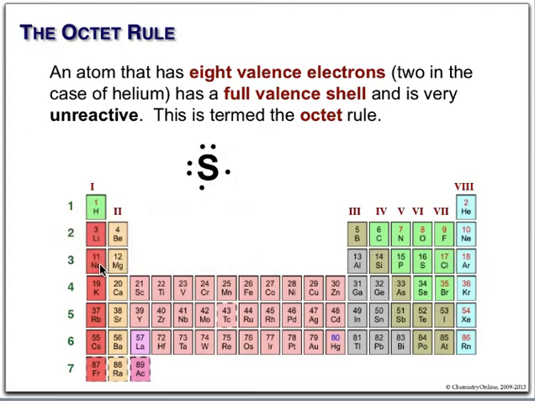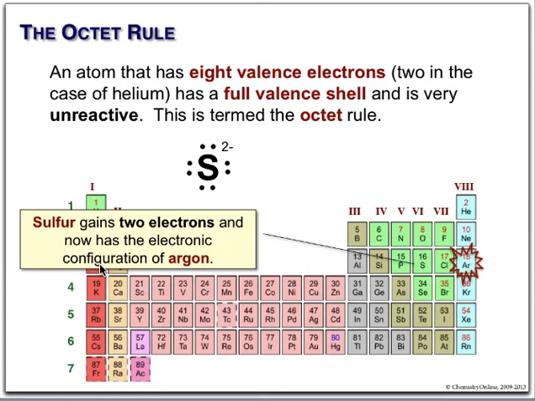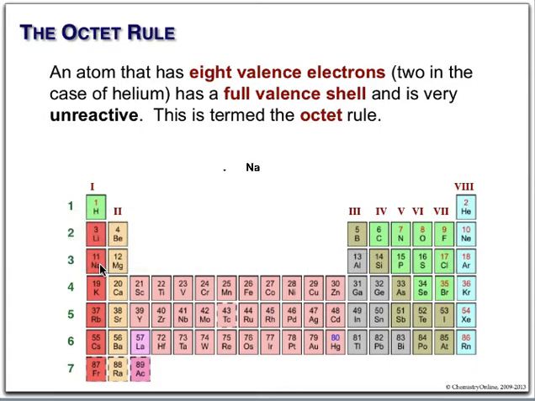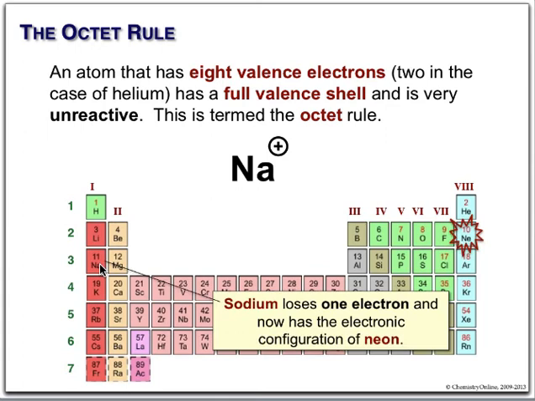For sulfur, we started in group 6, we added 2 electrons, again, we're at argon. For sodium, we started in group 1, we lost 1 electron, we are now 1 period above with the configuration of neon. Once we have the configuration of the inert gas, the ion is very stable, and that's why this is referred to as the octet rule.